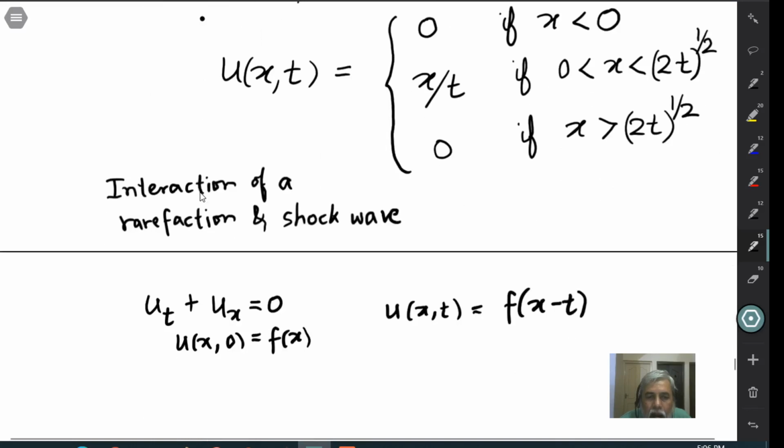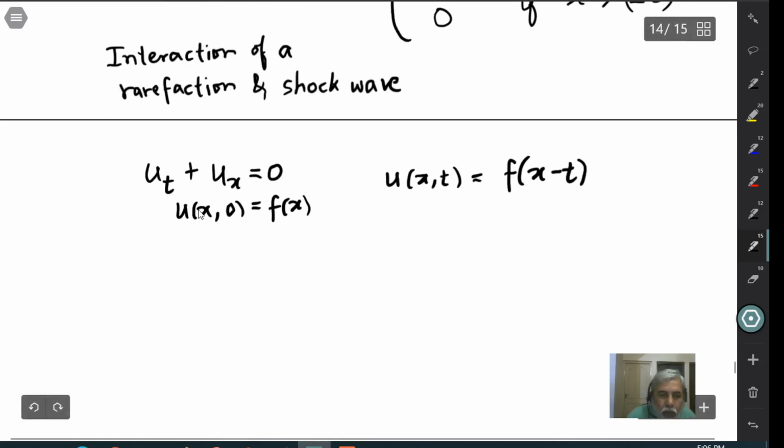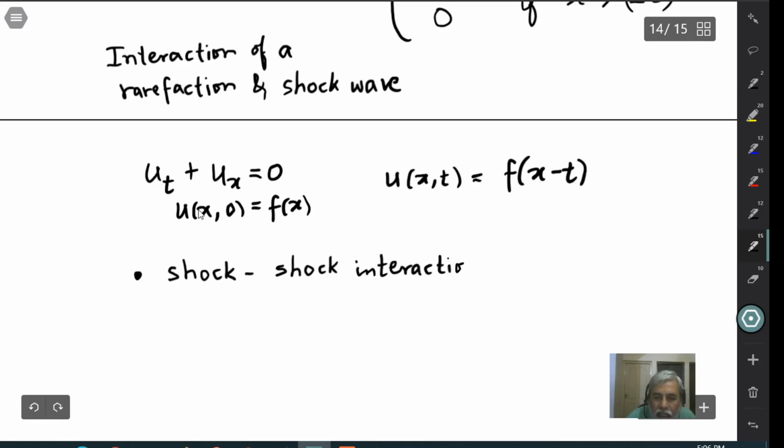After this experience, we can now try other interactions. For example, we can try shock interaction. What happens? Here we can take this u0(x). How do we obtain such a thing?